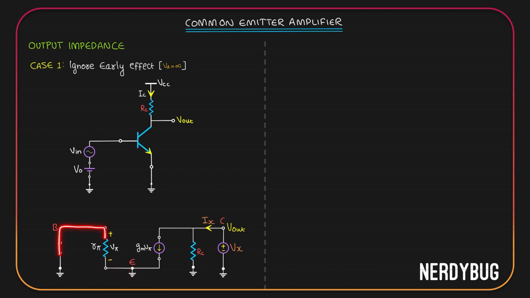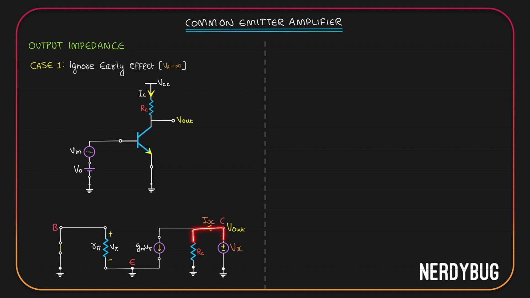Basically, it is shorted. Potential across R pi is 0, which means V pi is 0, which means gm V pi is 0. gm V pi is the current that flows in this branch. Since gm V pi is 0, no current is flowing through that. That means Ix coming from here is entirely going through RC.